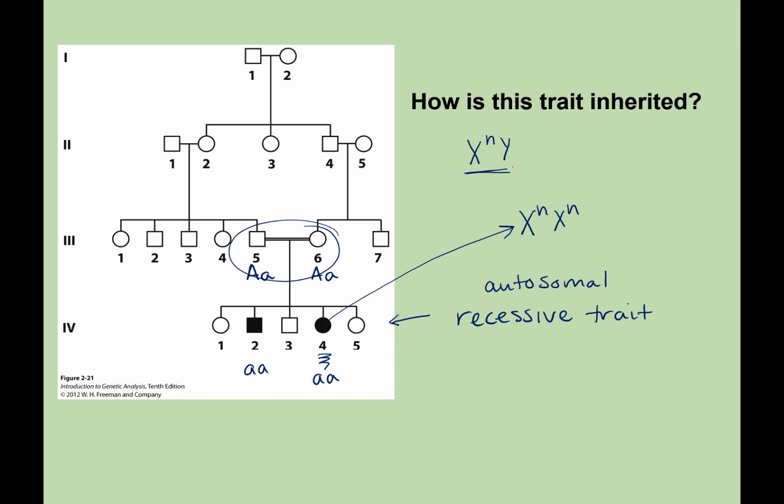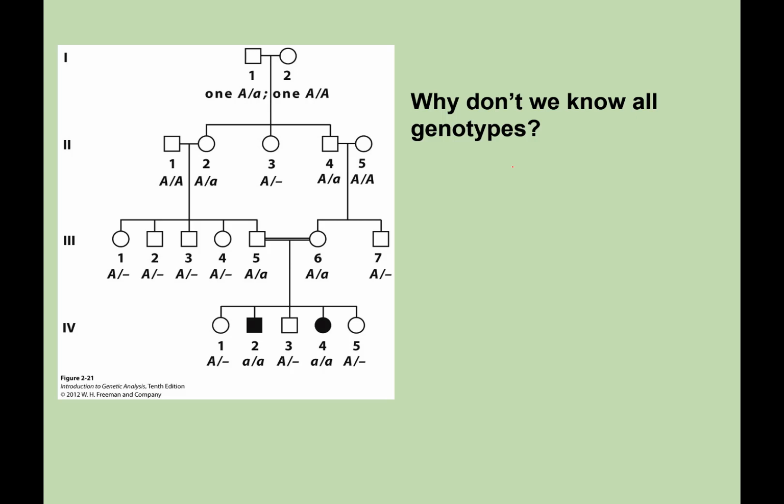So I can tell immediately it's not X-linked, and it's autosomal recessive. So then you might be asked to fill in genotypes, and again, lots of people with autosomal recessive traits, we can't tell their exact genotypes, so the correct way to represent them is a capital letter and a dash.